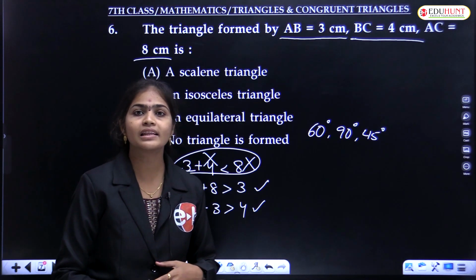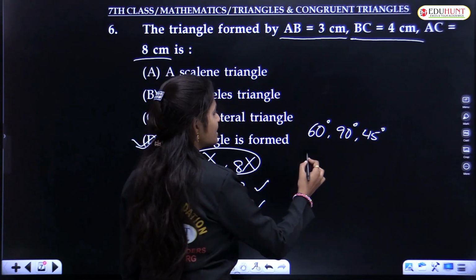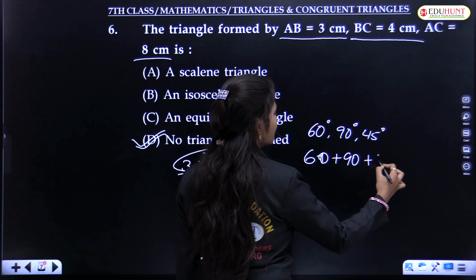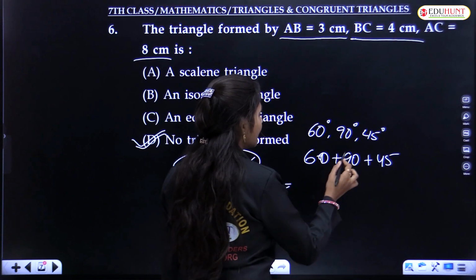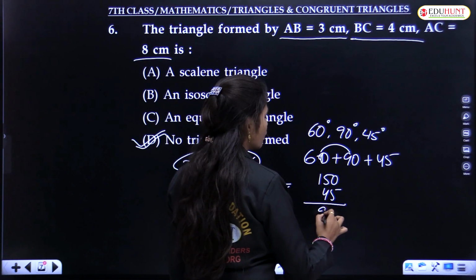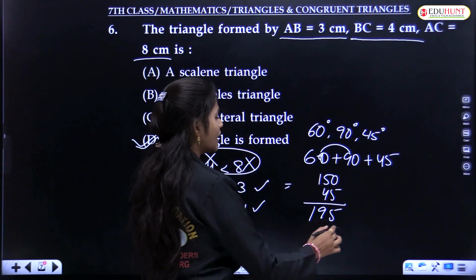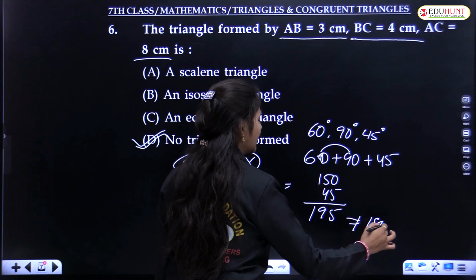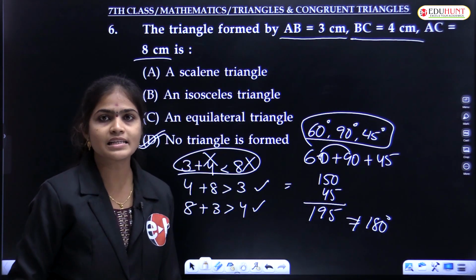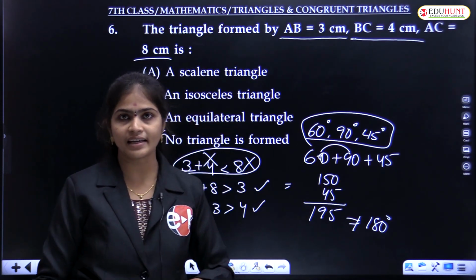So let's check: 60 plus 90 plus 45. How much will you get here? 90 plus 60 is 150, plus 45 equals 195. This is not equal to 180. So the sum of these three angles is not equal to 180, and that's why by using the given measurements we cannot form a triangle.